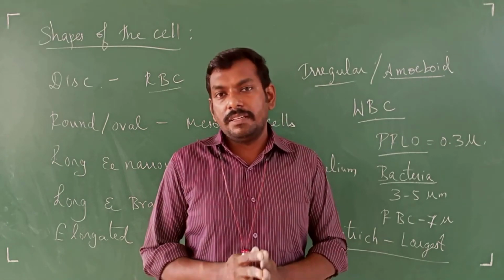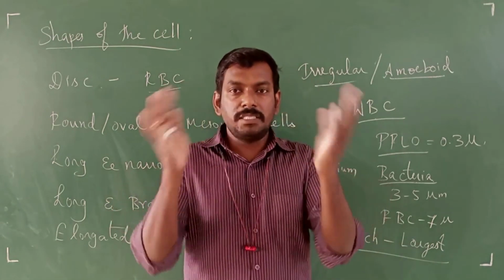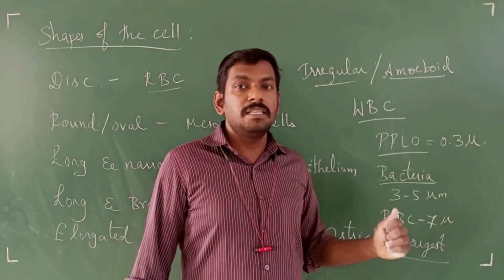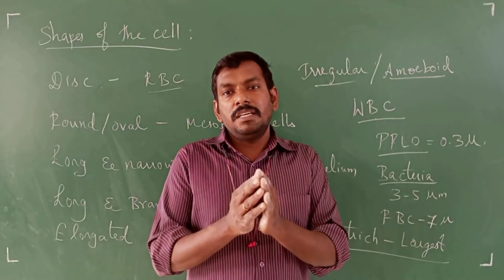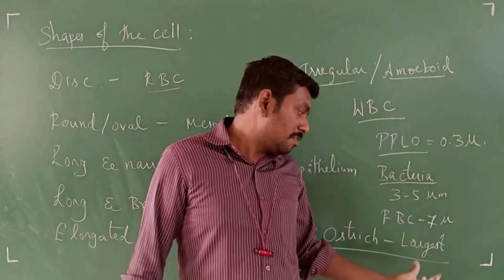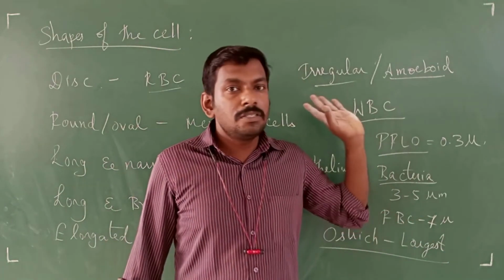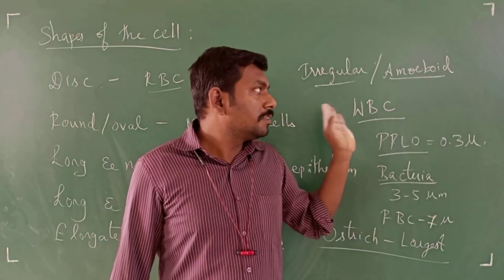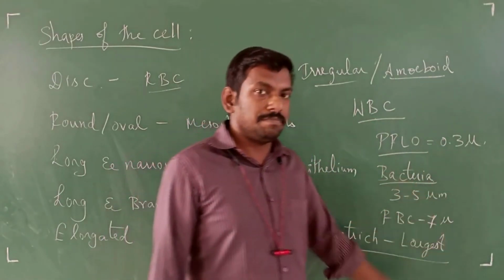Such a big size, but it is a single cell. Then it will form the zygote and the embryo will be developed, but the ostrich egg is the largest cell. So you will be having various shapes and sizes.